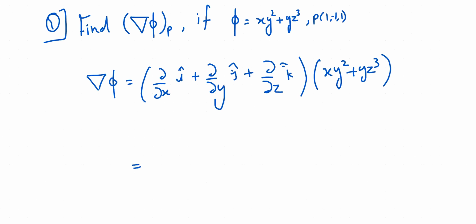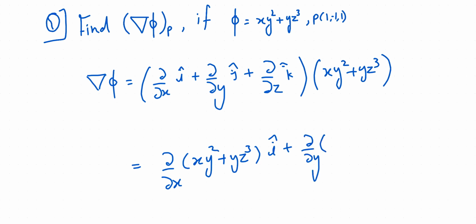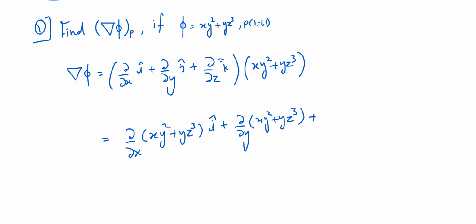Del over del x of x y square plus y z cube, even though this will be 0, we are writing it first, into i cap, plus del over del y of x y square plus y z cube into j cap, plus del over del z of x y square plus y z cube into k cap.